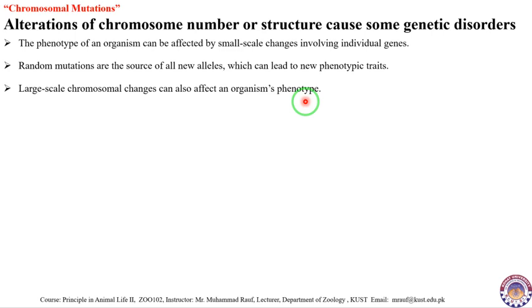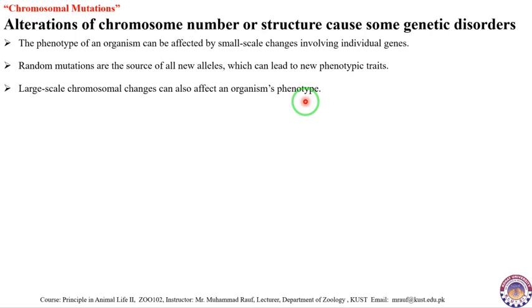Mutations may be gene mutations, where change occurs in the nucleotide sequence of a particular gene, or chromosomal mutations, which are large-scale mutations in which a chromosome having several genes is involved. Either duplication of chromosome occurs, or deletion, or translocation.